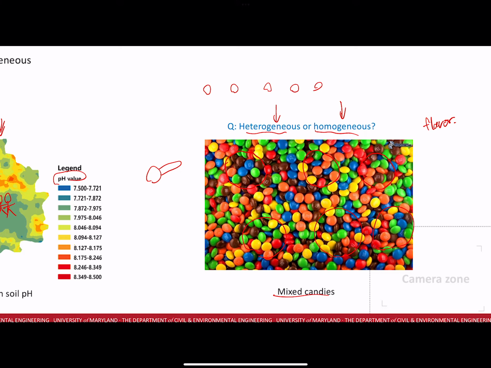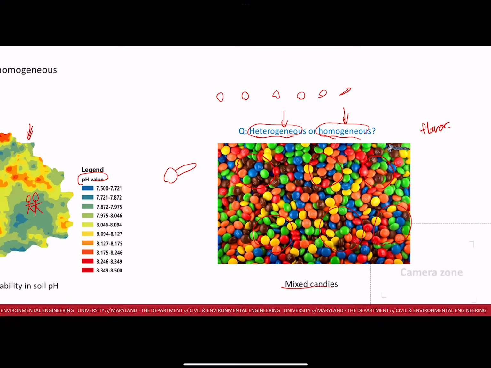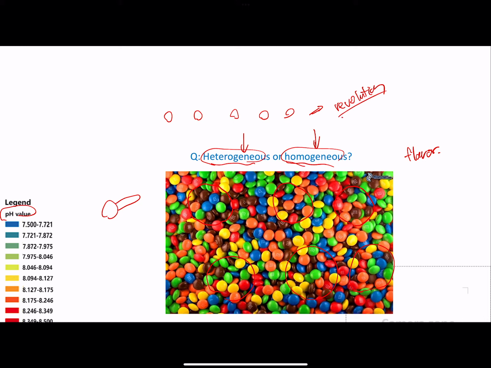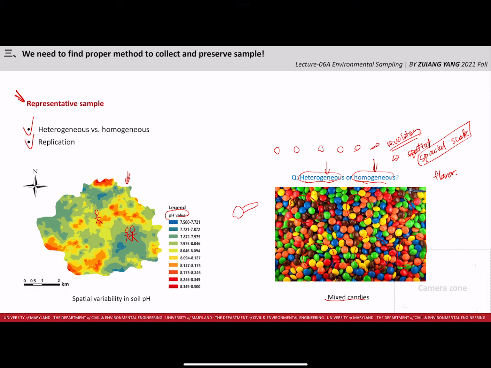So the point I want to show is that heterogeneous or homogeneous depends on the resolution of our sampling technology, or more specifically, the spatial scale. So it depends on the spatial scale. Okay, so far, do you guys have any questions?